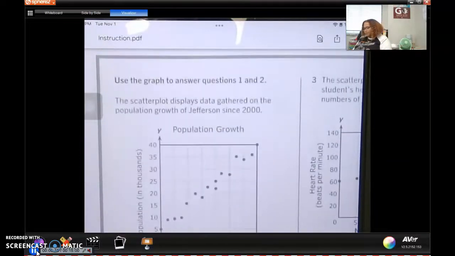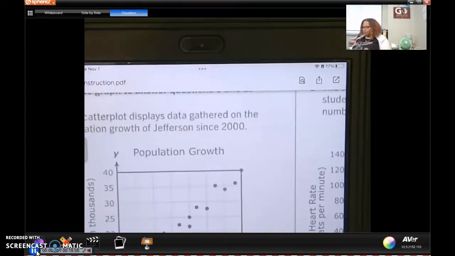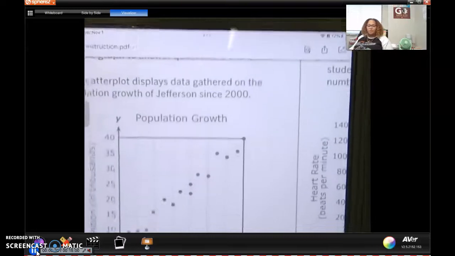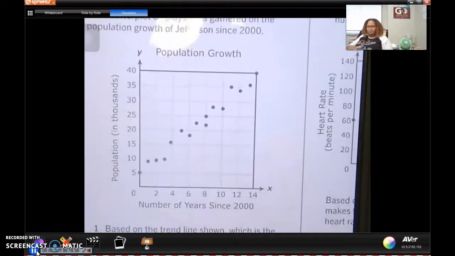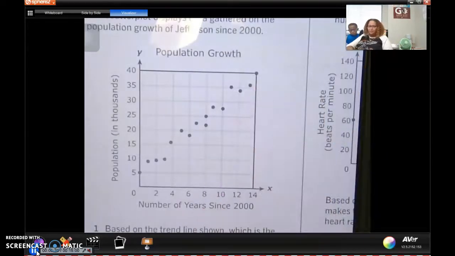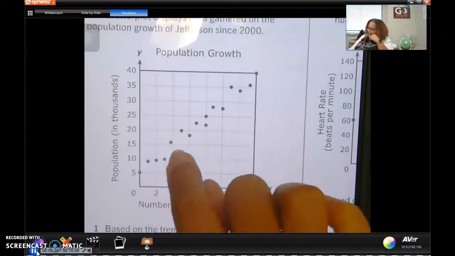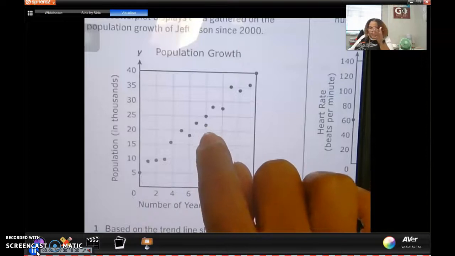Well, if I'm going to 2022, that's 22, whoops, I've zoomed out too far, excuse me. That's 8 years beyond 40,000. And if I look at 8 years of growth, that puts me from 5,000 to about 22,000.